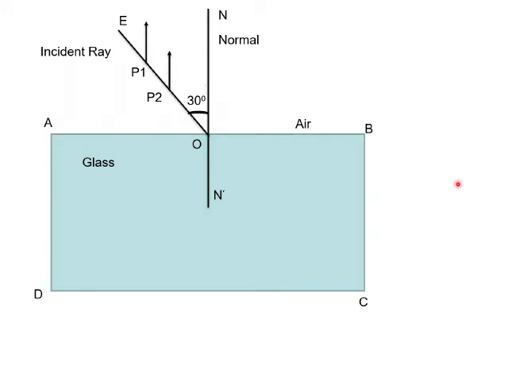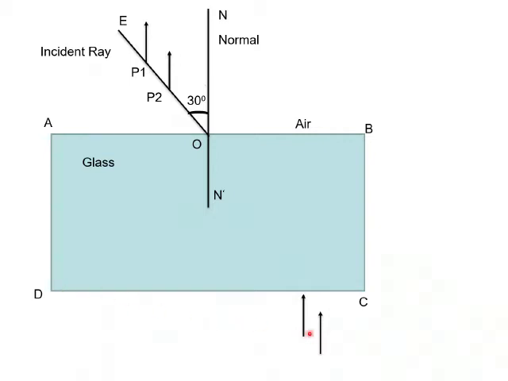When you have completed this part of your activity, you have to place the glass slab back onto its place. So up till now the glass slab was not there. Now you have to place the glass slab at the same position where you have drawn the outline. After doing so, you have to fix two more pins.